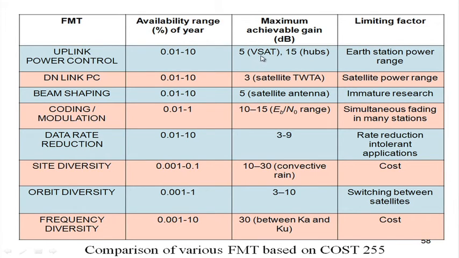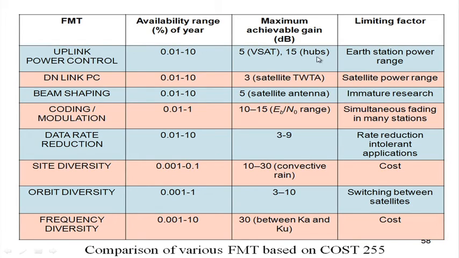VSATs are very small aperture terminals. So for a very small aperture terminal, all the facilities available at the terminal are small. You can't put a very large power amplifier there, since it's uplink power control. Whatever power amplifiers are normally put into the VSATs, you can vary about 5 dB or so. So that's why it's low here.